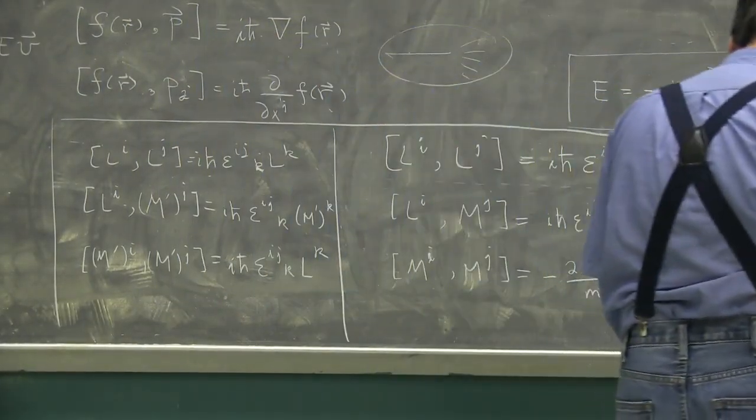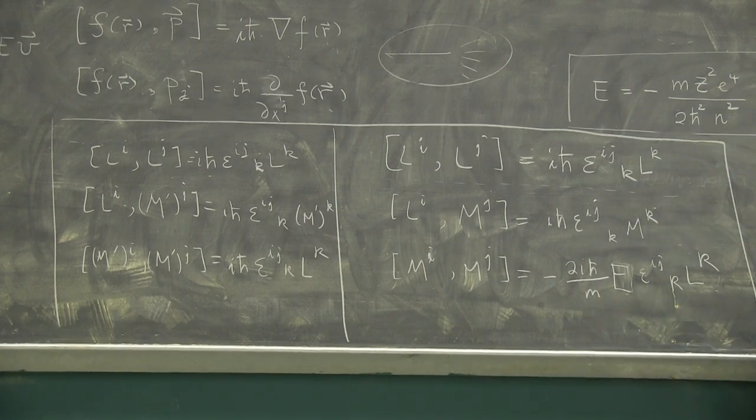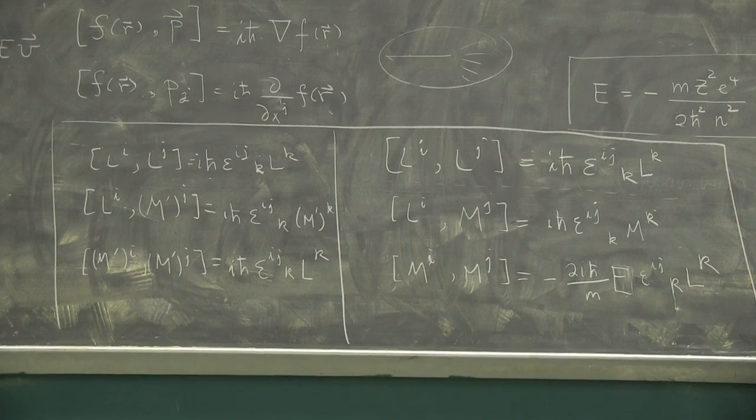Okay. And so there are 6 independent J_ij's, and let me write these in terms of the i h-bar like this. It's anti-symmetric, so it's like this.